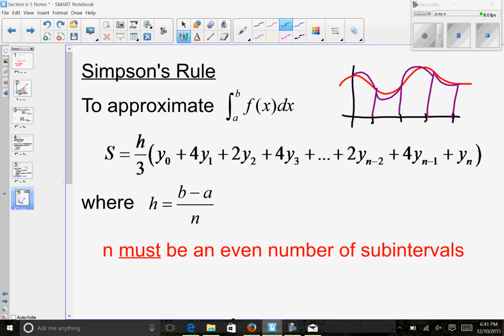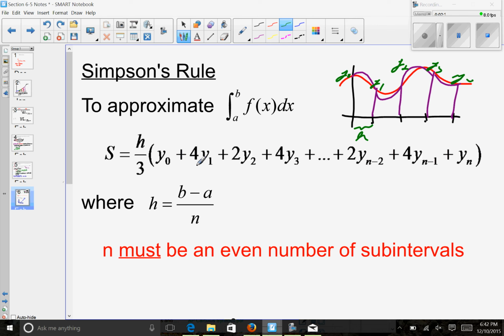Now, I'm not going to go through explaining and proving where this formula comes from that finds these areas. But the way it works is if h is b minus a over n, in other words, the width of one partition on the x-axis, we take that divided by 3, and then we multiply it by, in this case, y0 plus 4 times y1 plus 2 times y2 plus 4 times y3, and then plus just 1 times the last one here.